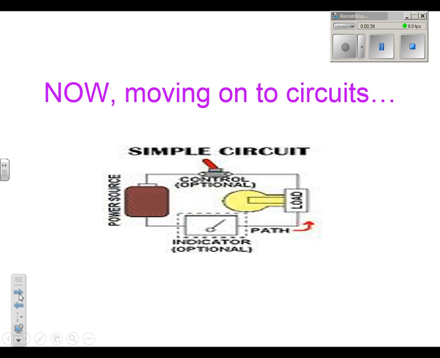Then we have a current, which is always going to go out of the positive of the battery and into the negative. And remember, that's the conventional flow of current. And the reason that it goes that way is because of the positive test charge. And that was all determined on that positive test charge.